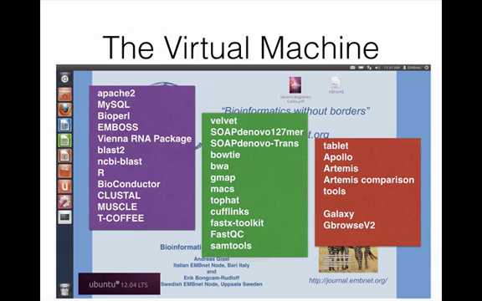Further, we have some visualization software for the mapping and assembly results like Tablet, Apollo, Artemis, and graphical interfaces for NGS data analysis tools like Galaxy, and the visualization as browser, the famous GBrowse version 2.